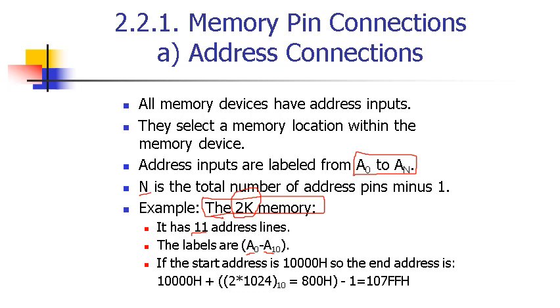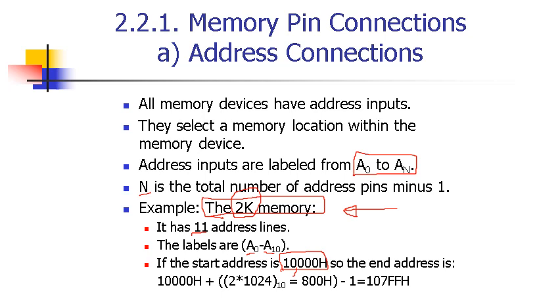And if we start at an address of this value, 10000 hexadecimal, 20 bits coming out of your microprocessor, this is the starting address to communicate with this memory device.